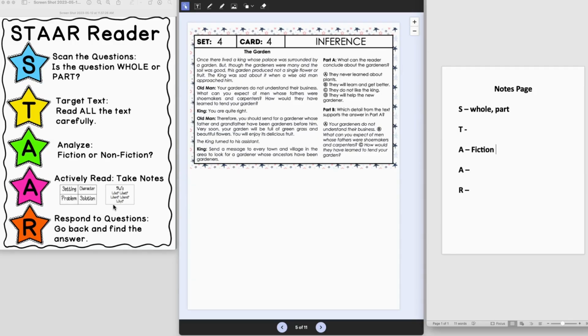Once there lived a king whose palace was surrounded by a garden. But though the gardeners were many and the soil was good, this garden produced not a single flower or fruit. The king was sad about it when a wise old man approached him. Old man, your gardeners do not understand their business. What can you expect of men whose fathers were shoemakers and carpenters? How would they have learned to tend your garden?